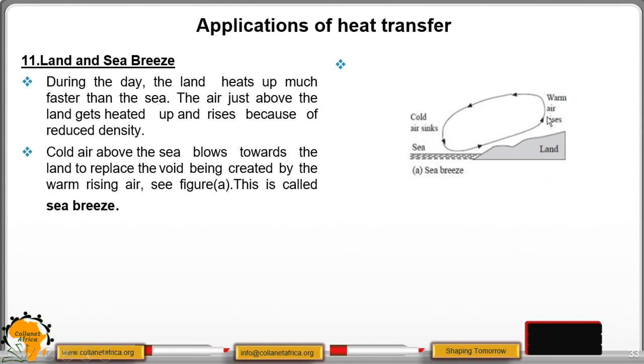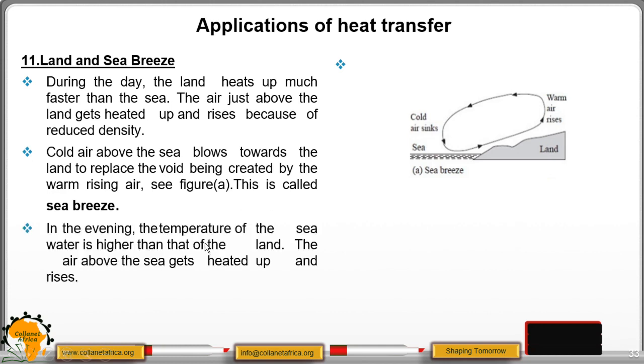So the air particles here are heated, they become less dense, and they rise up. The colder air on the surface of the sea will come to occupy the void that is created, and as they move, they form what we call a convection current, and that is what we call the sea breeze.